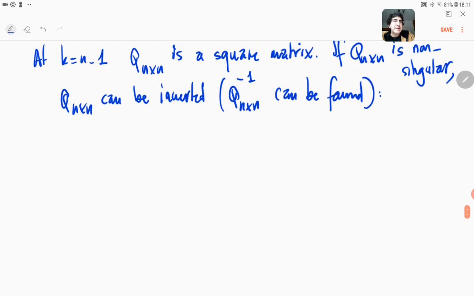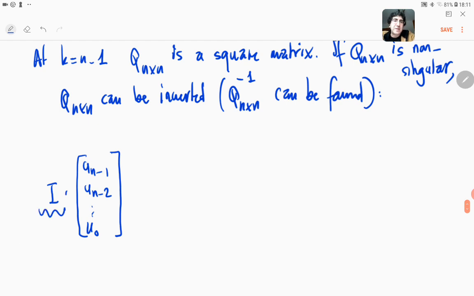That's going to mean that on one side you will just have the input sequence, u(n minus 1), u(n minus 2) up to u0. The matrix multiplied by its inverse will be the identity matrix, which is going to just go away from this equation. And then on the other side, you will have Q to the power minus 1, A to the power n times x0.